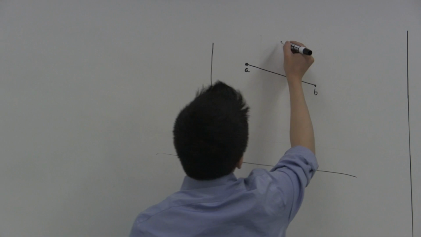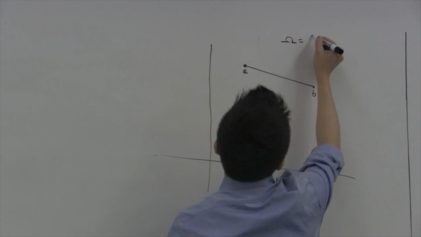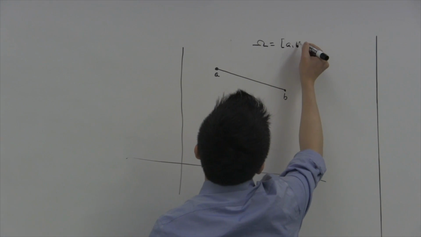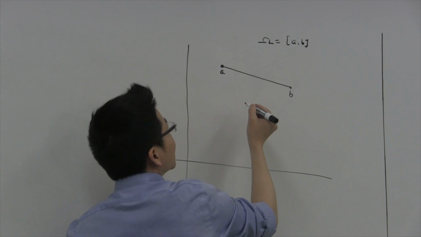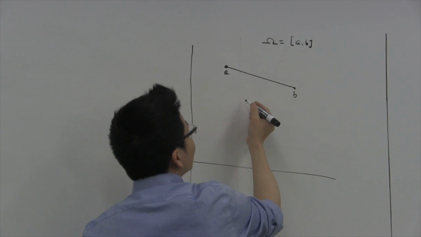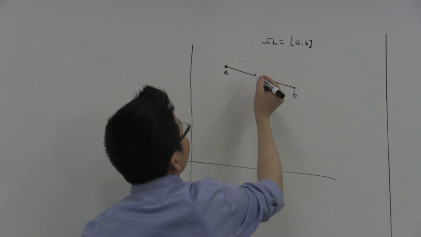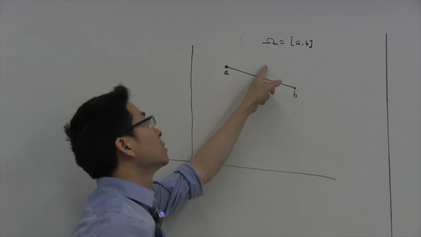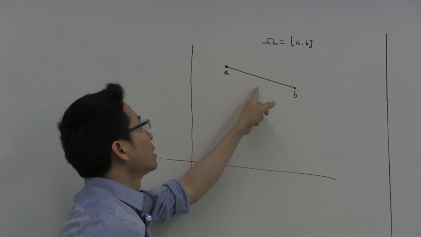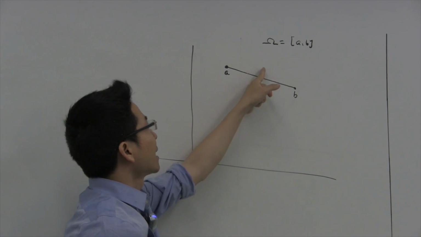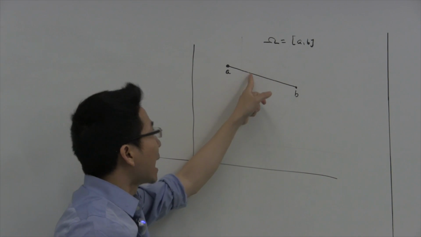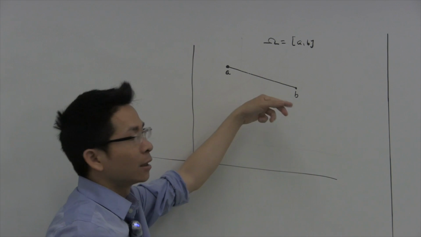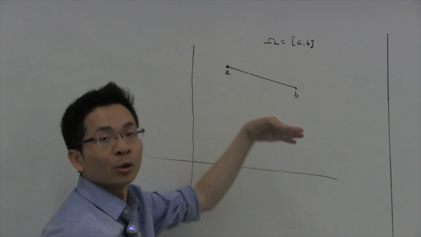Omega here is the line segment connecting A and B. The interior of omega is empty because there is no open ball in R2 which is a subset of omega.